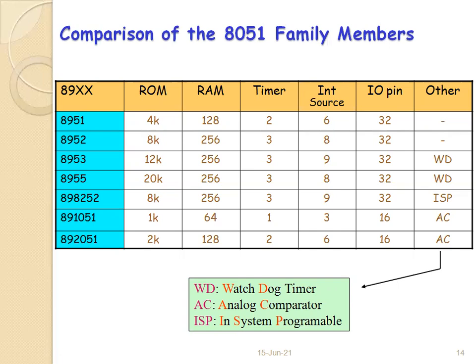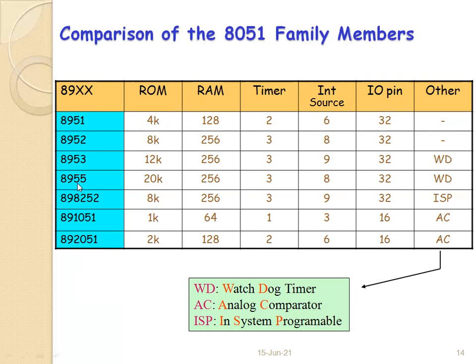So a program written for the Intel 8051 will also run on the Atmel IC. Atmel has designated the IC as 8951, but it is actually the 8051 manufactured by Atmel, because it is code compatible and all the features developed by Intel are incorporated. The 8952 is nothing but the 8052 from Atmel.